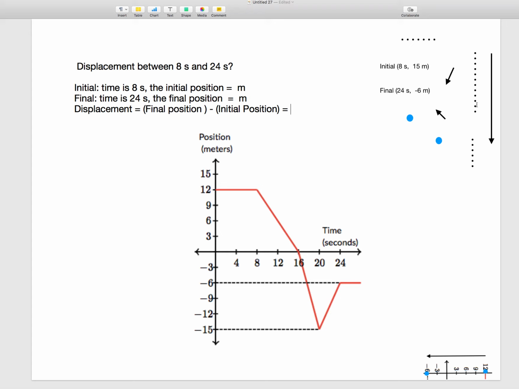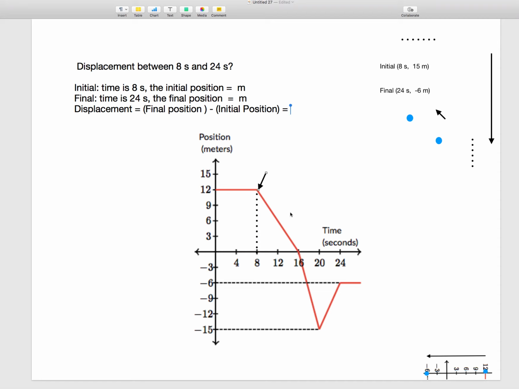What I usually do, let me put this, I have my tools here, is take a line and go vertical from 8 until it touches the graph, and that will be my point on the graph exactly. So that is my initial starting point at 8 seconds.